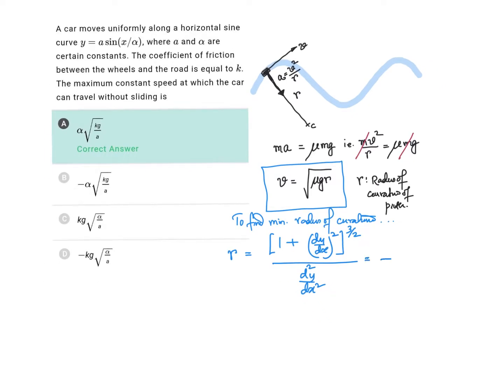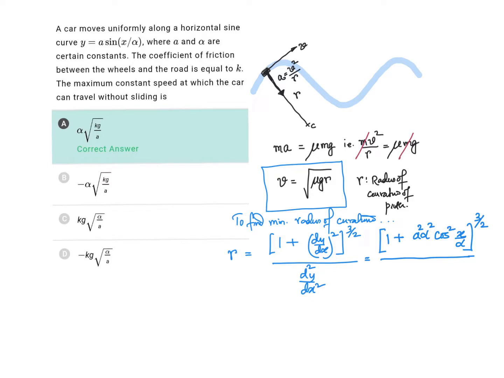Here it's 1 plus dy/dx squared, so a square by alpha square cos square x by alpha, to the power 3 by 2, divided by d2y.